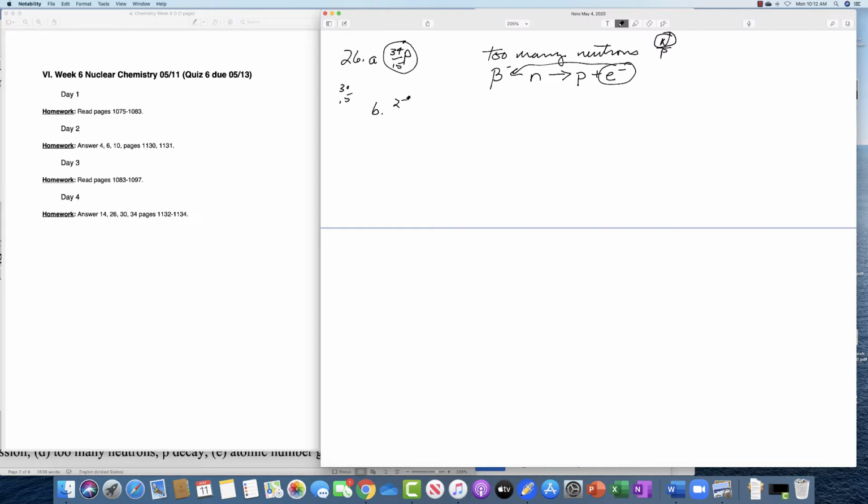uranium-239-92. With very large atoms that have a large atomic weight, in order to get back to the band of stability, frequently the first step is to emit an alpha particle. The alpha particle is a helium nucleus, and the reason is that this is the fastest way for these numbers to get to where you want to go.